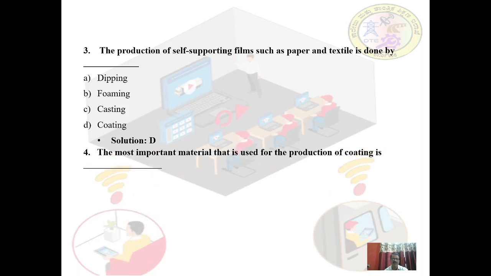Question number 4. The most important material that is used for the production of coatings is dash. Options are A, PVC, B, polystyrene, C, polyester, option D, polypropylene. The right option is option A, PVC, polyvinyl chloride.